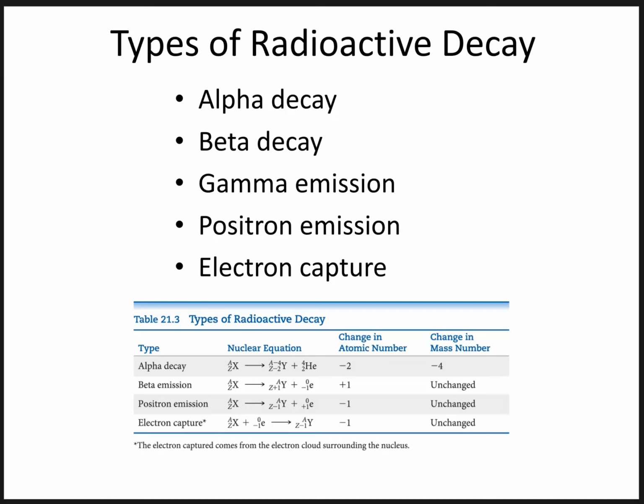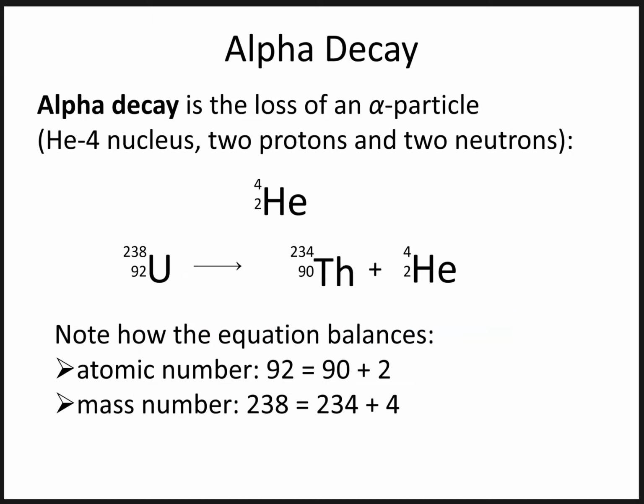We'll go into greater detail here now, starting with alpha decay. Here we have a decay of uranium-238 into thorium-234 by alpha decay. We can write either the Greek symbol alpha or represent the alpha with the symbol for helium. Both are equally correct.